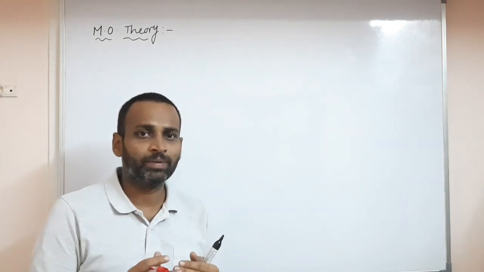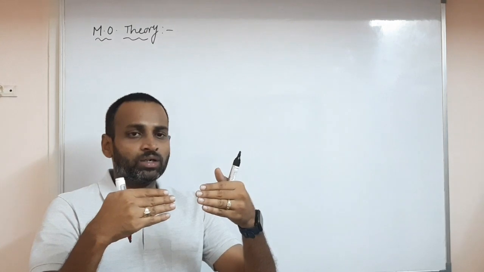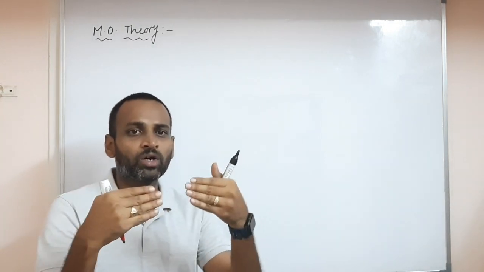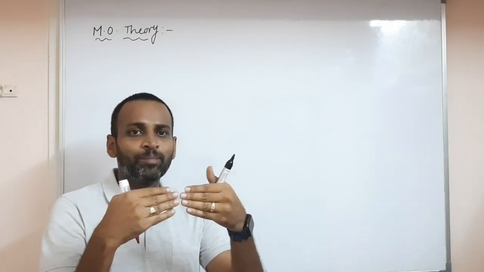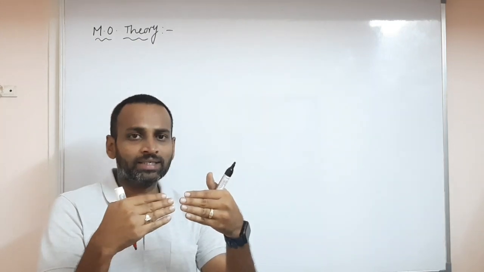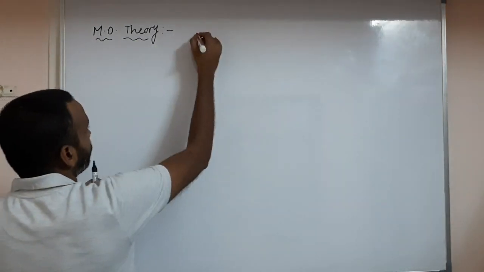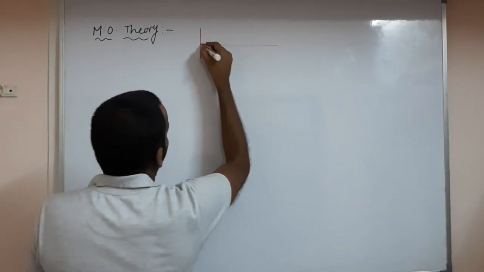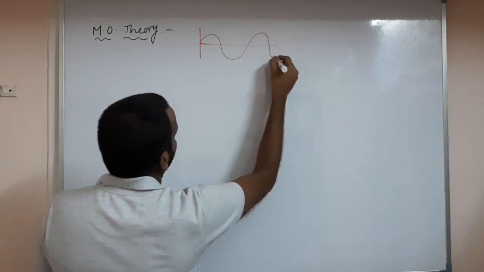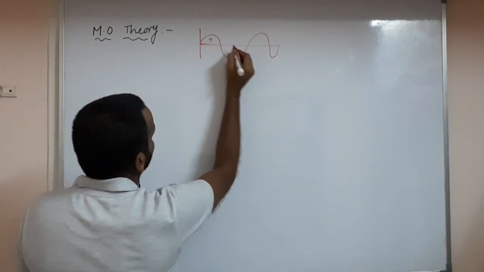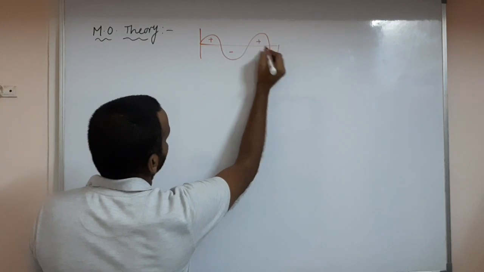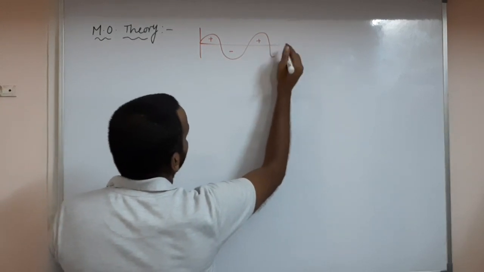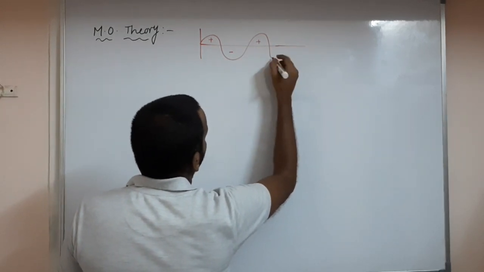And that overlapping depends on the approach. When two atomic orbitals approach in the same plane, the wave will be like this. An electron in a particular atom creates a wave like this, and this is plus and this is minus.